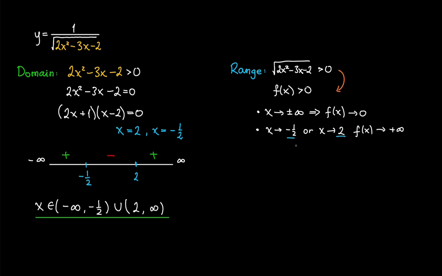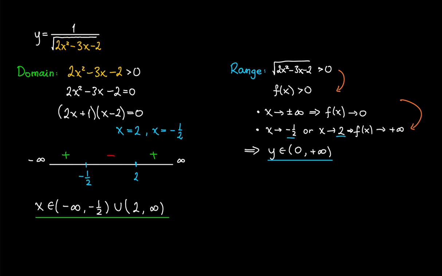And when we divide 1 by this really small number, we're going to get an infinitely large number. Hence, the range is going to be y includes from 0 all the way until positive infinity. And here we have found our range.